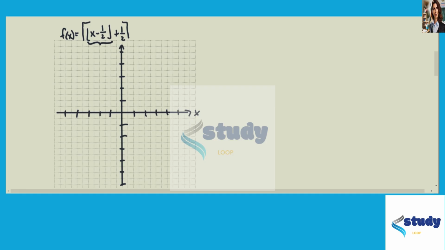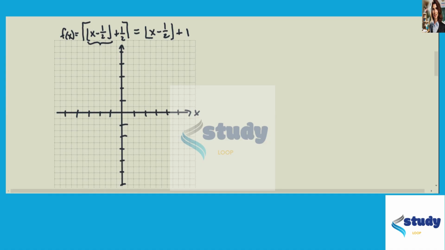Then I'm going to add a half and take the ceiling. So if I have an integer and add a half, that's always going to give me something with a 0.5 on the end. When I take the ceiling, it's going to be the next integer up. So you can actually think of this function as the floor of x minus a half, plus 1, because the net result of that plus 1/2 with the ceiling is I'm going to be adding 1 to it.